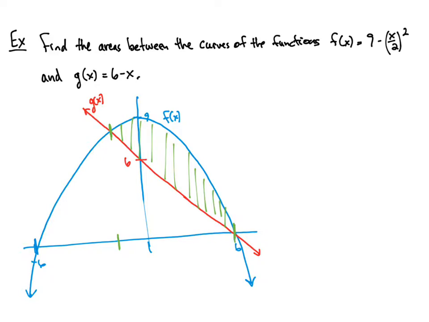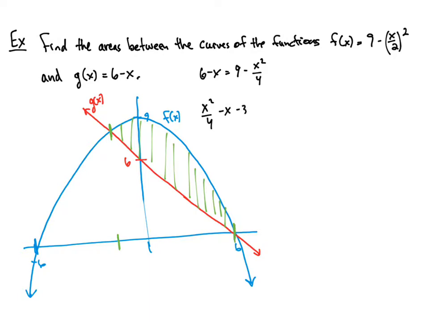So in order to find where two graphs intersect, we can set them equal to each other. So we'll say 6 minus x is equal to 9 minus x over 2 squared. I'm going to write that as x squared over 4. So we solve this equation. It's quadratic, so we'll set it equal to 0. Subtract 9 from both sides.